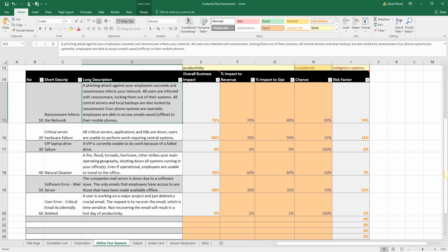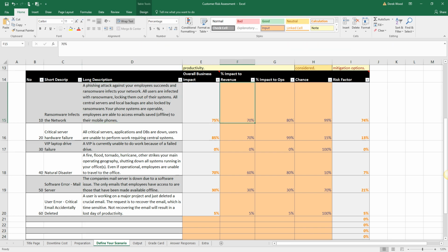So maybe you have some remote workers that still have their own laptops. So if that were to happen, what would be the overall impact to revenue generating activities? So maybe your sales and marketing team, and what would be the impact to the rest of your operations? How much work could they actually get done if they couldn't access central systems? And then just taking the average of these two, you get overall business impact.